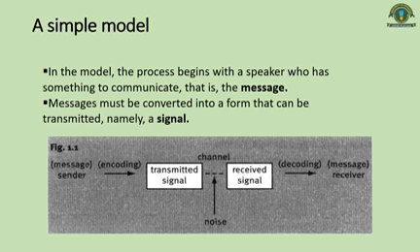So the initial form of this signal may be termed the transmitted signal, as you can see in this figure. First the message is there, then encoding, and after that there is a transmitted signal.